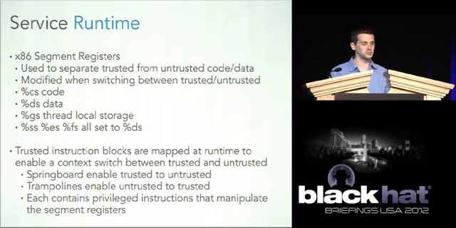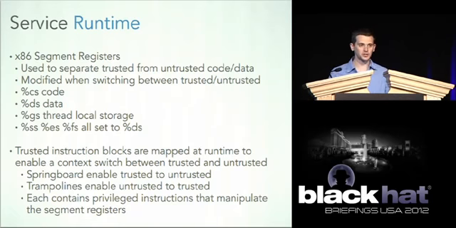We use familiar x86 segment registers for that: CS for code, DS for data, and GS for thread local storage, which is actually pretty similar to how operating systems use them. Not all operating systems use them, but some do. And then of course, SS, ES, and FS are all set to the value of DS.